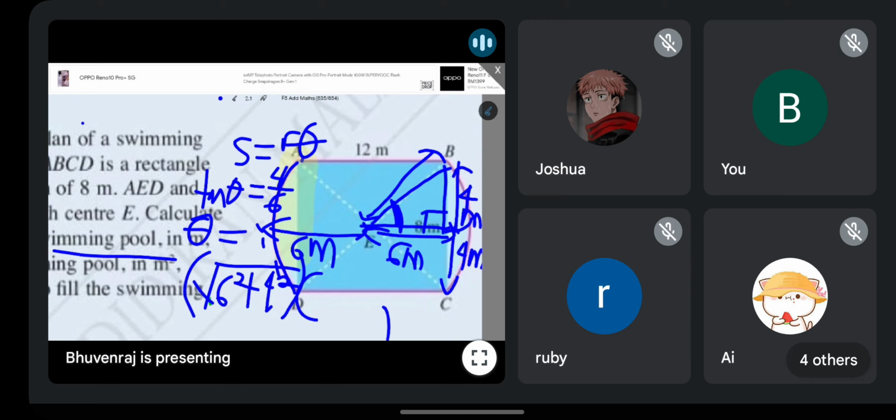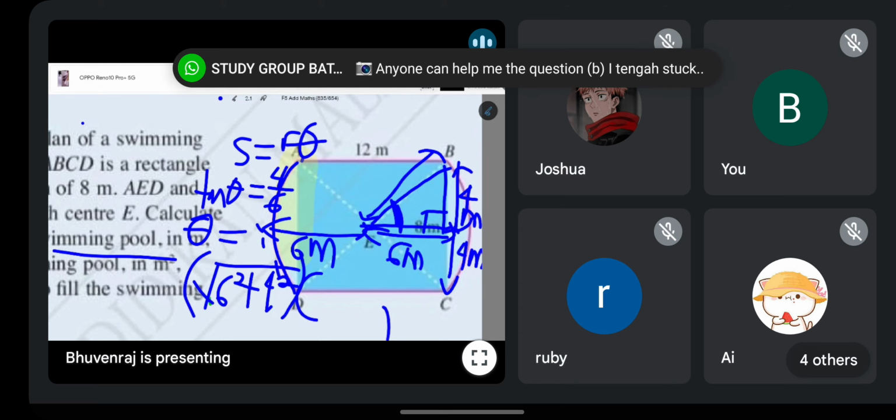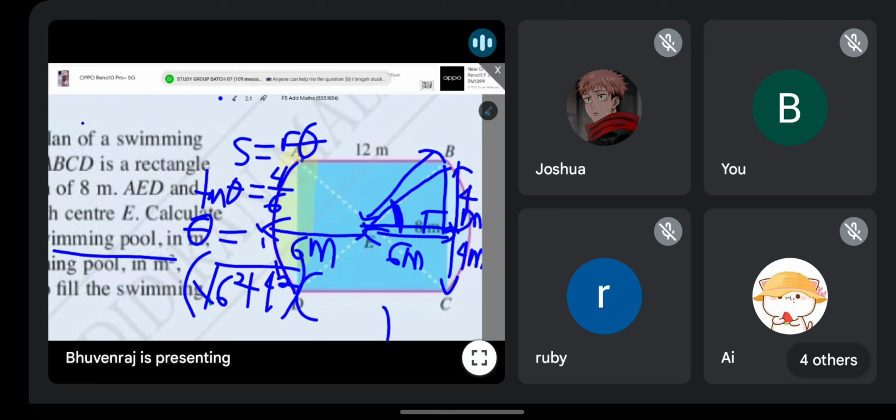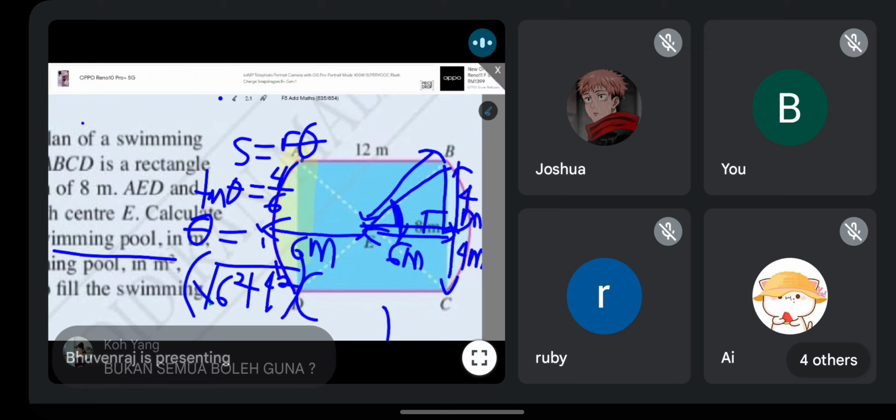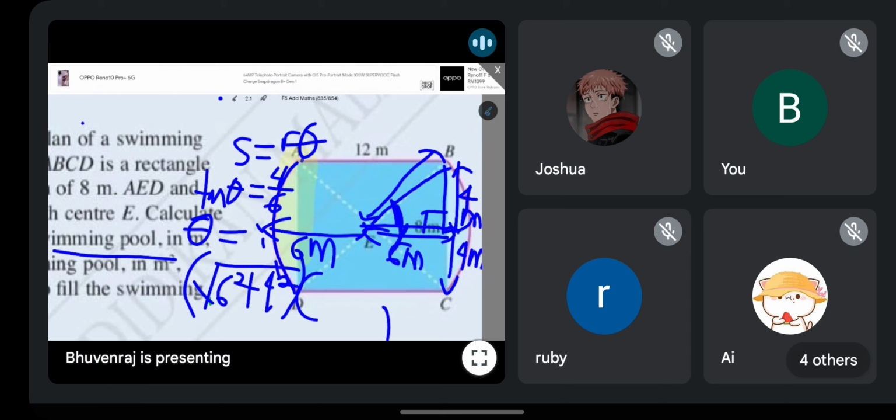Okay, oh sorry, saya pun dalam mode radian. 4 bahagi 6 shift tangent. Okay, so then, so guys, ini satu sudut saja. Dalam sektor ni, kamu ada dua segitiga. Bukan semua boleh guna. Maksud kamu? What do you mean?